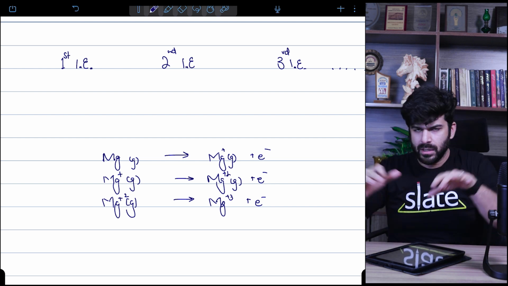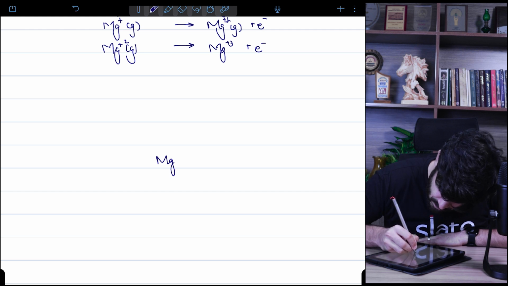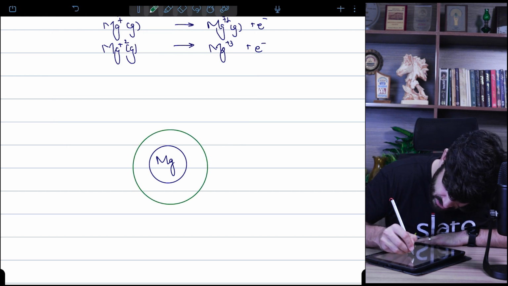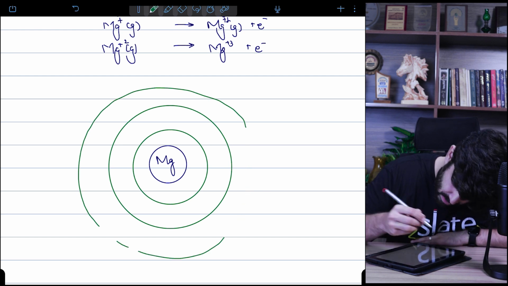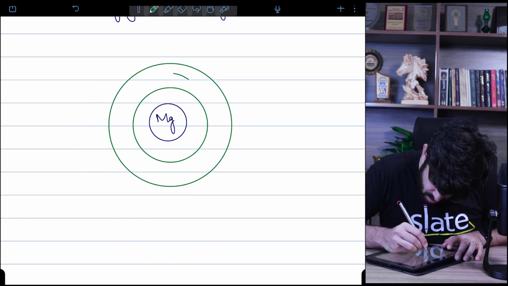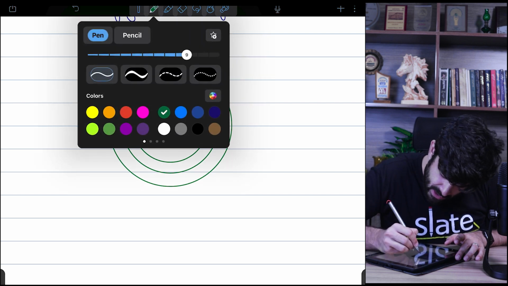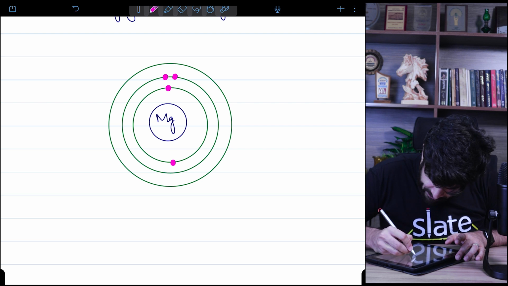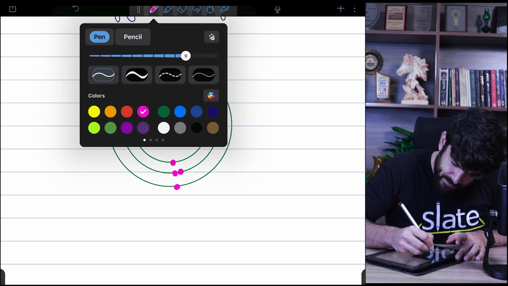Now let me make the electronic configuration of magnesium here. That's the magnesium nucleus, for instance. First shell, second shell, so these are the three shells of magnesium. Let's draw the electrons. First shell 2, the next will have 8, and then this.